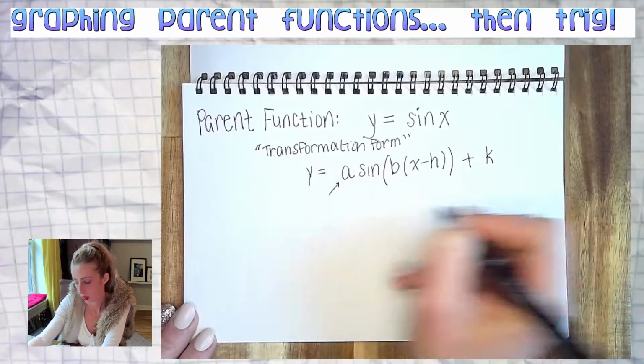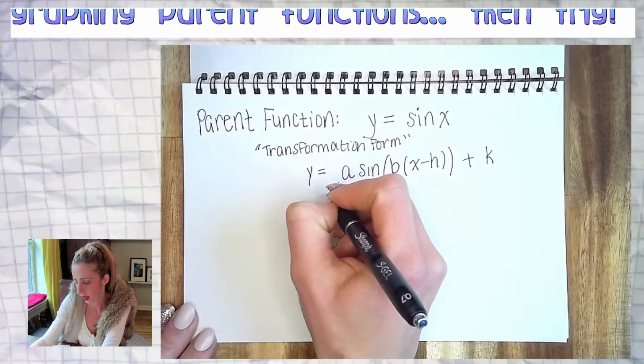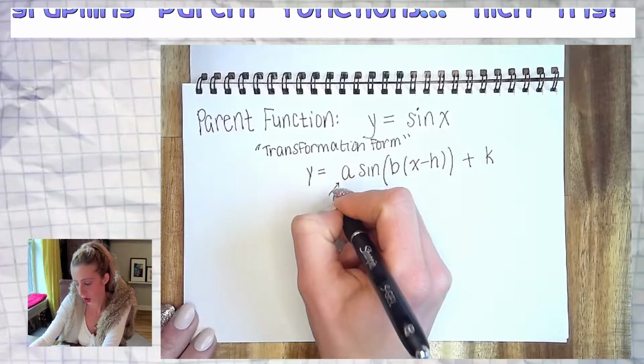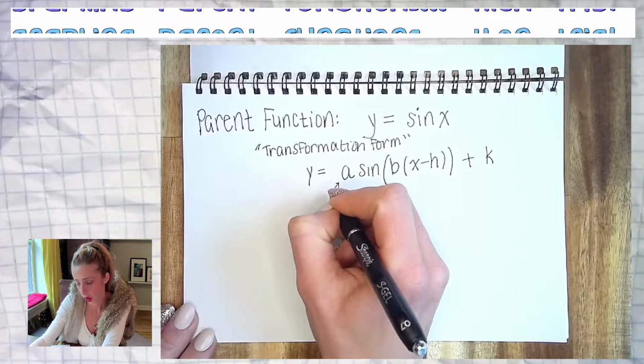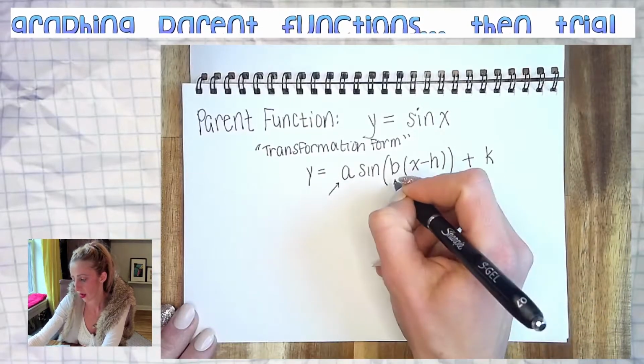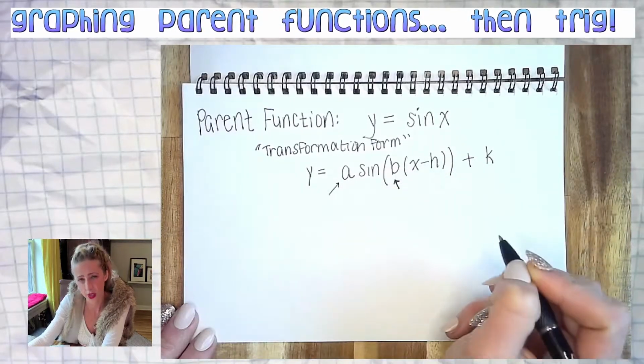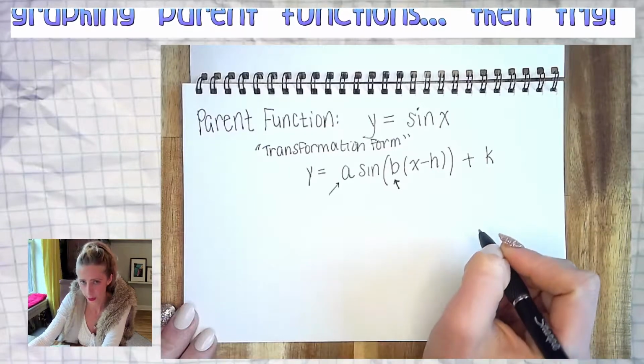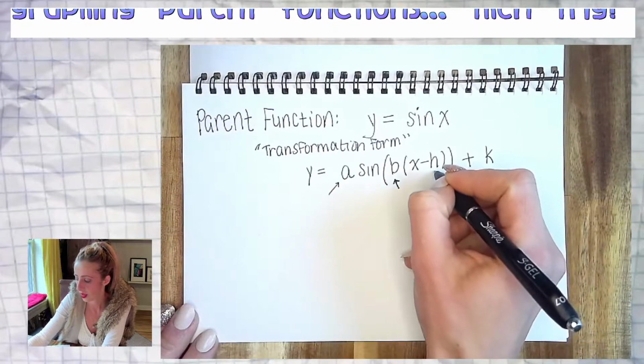A affects our graph as a vertical stretch, compression, or reflection. B affects our graph as a horizontal stretch, compression, or reflection.